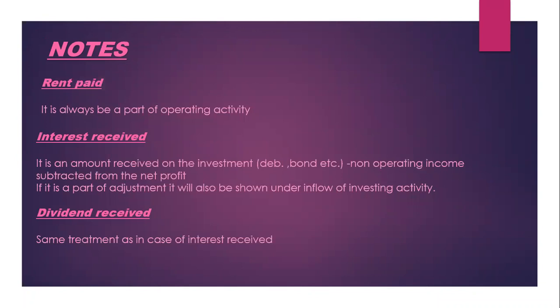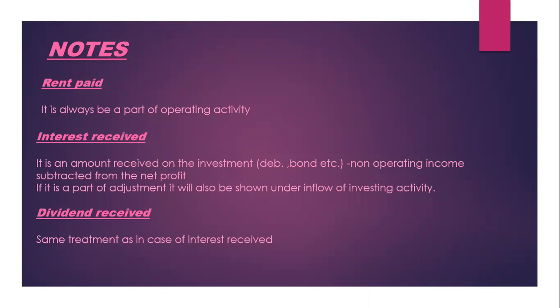Rent paid is always part of operating activity, whether it is an estate company or not. Interest received is an amount received on the investment, whether we have purchased a debenture or bond of any company. It is always non-operating income and it is subtracted from net profit.